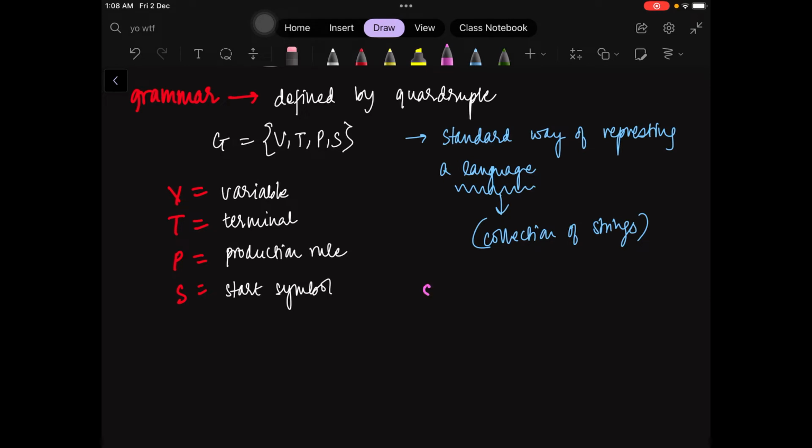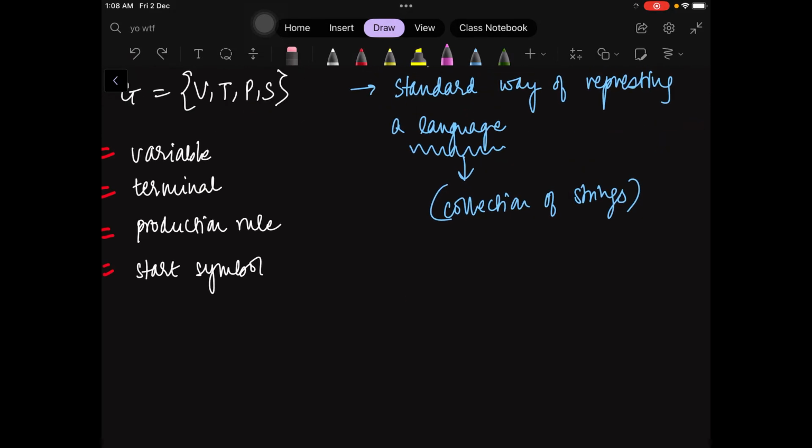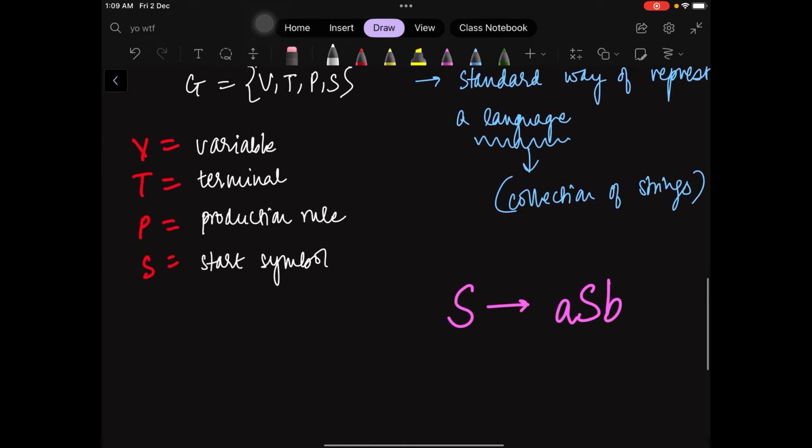Say you have S, let me make it bigger so that we can reiterate on it. So we have S produces ASB. Cool. So now let's try to figure out what V, P, T, and S mean. For that, this S in the beginning on the left side is called the start symbol, right?